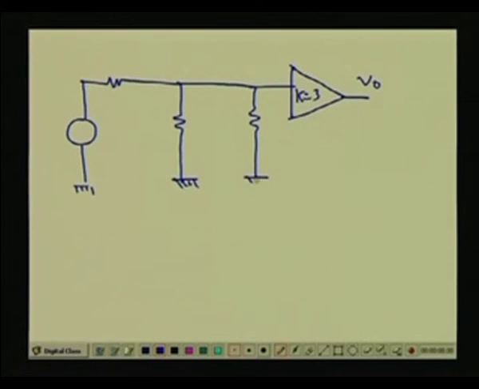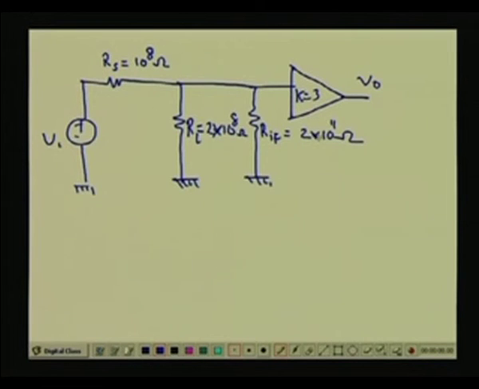This Rs, 10 to the power 8 ohm, is the source impedance, this is our pH voltage, and this RL is the cable resistance, the leakage resistance of the cable, which is 2 into 10 to the power 8 ohm, and RIF input impedance becomes 2 into 10 to the power 11 ohm, that we have just computed.